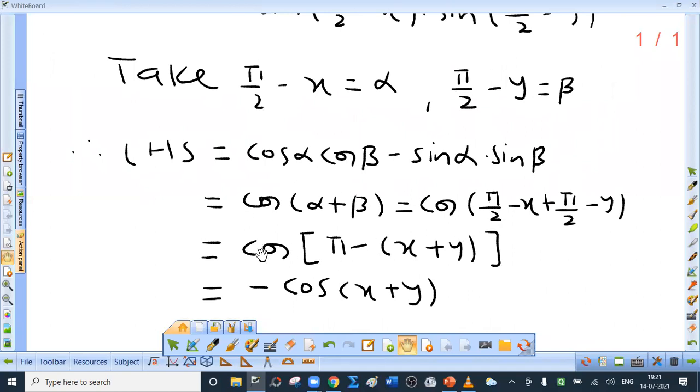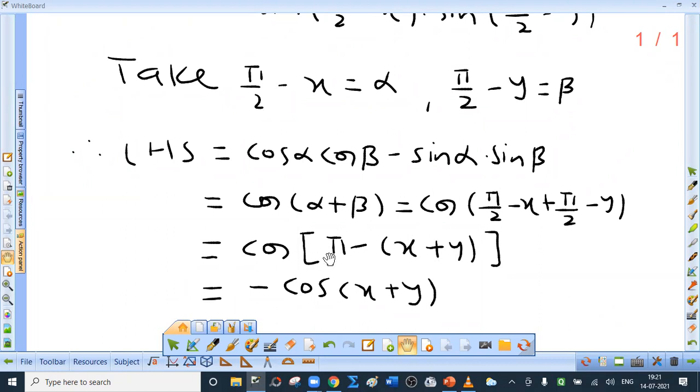So I get this. Now you have to remember this is an allied angle, which we'll be discussing after 3 or 4 days, or at this stage also if you can use it. Or rather you can say cos of alpha minus beta is cos alpha cos beta plus sin alpha sin beta, that is also correct.